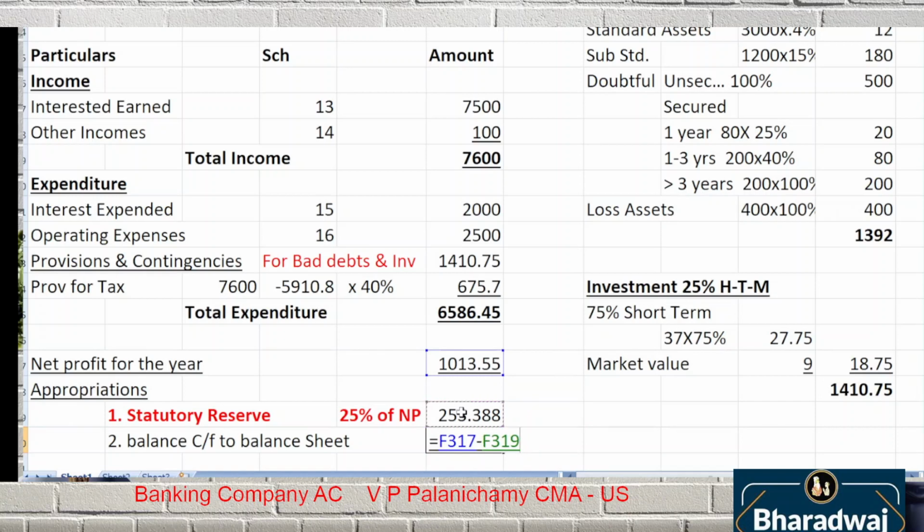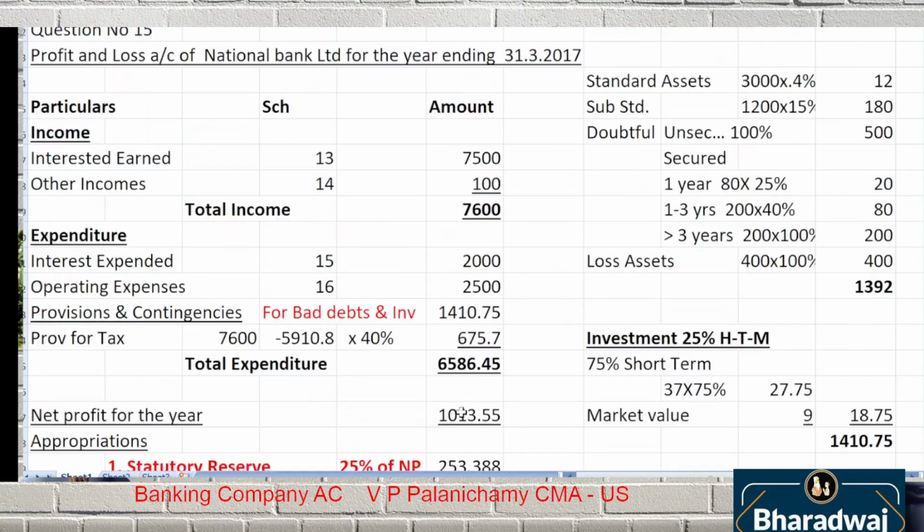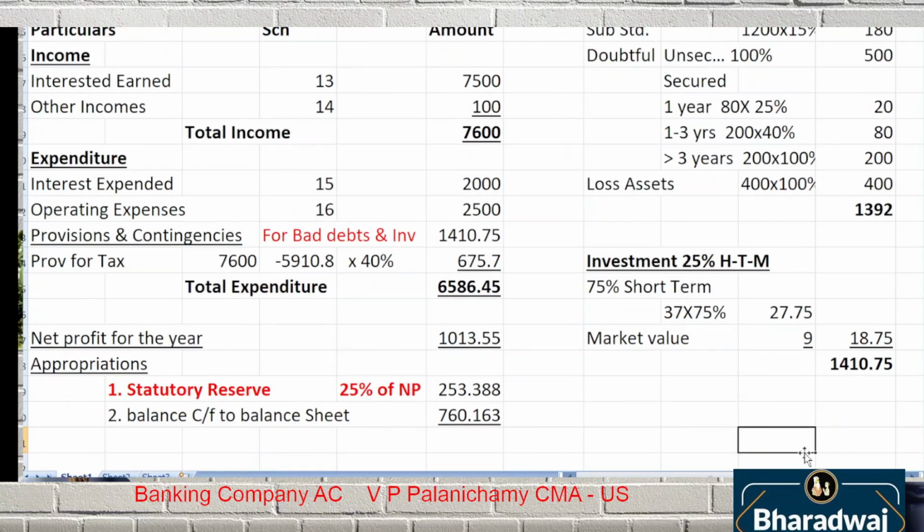So what is extra in this question is the reduction in the value of investment is also included in provisions and contingencies, 1410.75. Income minus expenses, provision for bad debts quota. You get profit before tax, that into 40% will give us provision for tax. Income minus expenses gives us net profit for the year.